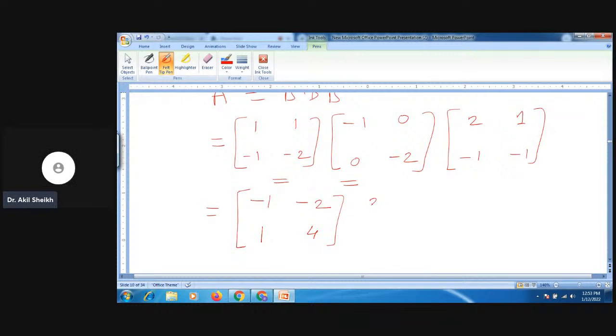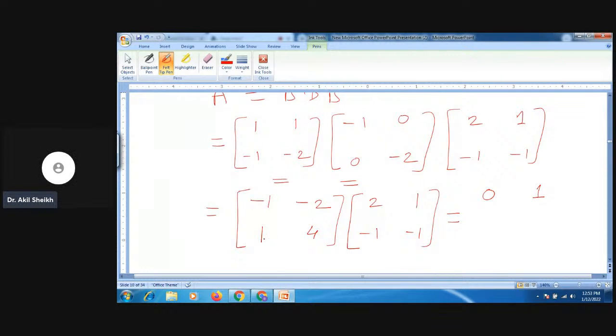Second matrix here, 2, 1, -1 as it is, and -1. Then again multiplying these two matrices by using the row by column method. Row by column, -2 plus 2 becomes 0. Row by column, -1 plus 2 is here 1.